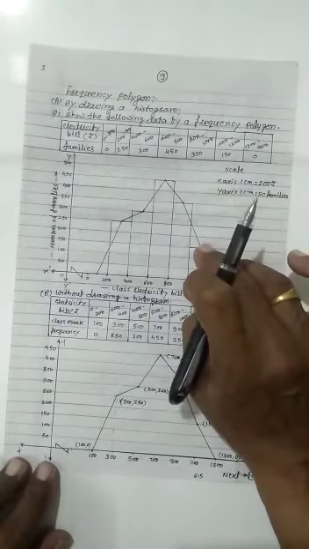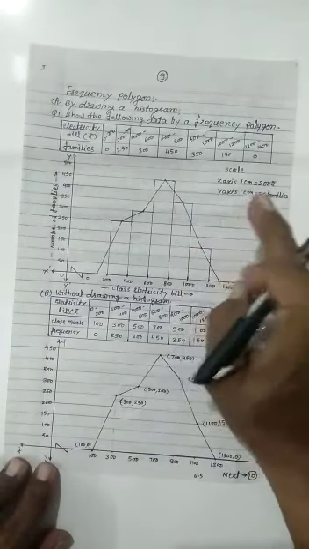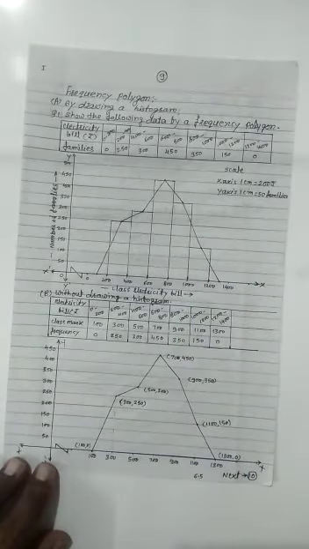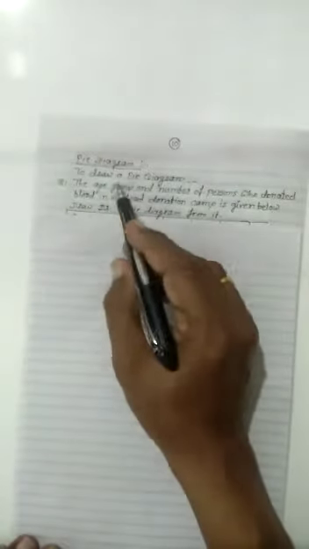This frequency polygon is drawn by using the histogram. Then we see another method. Now we see the last method for representing the given frequency data by using the pie diagram.